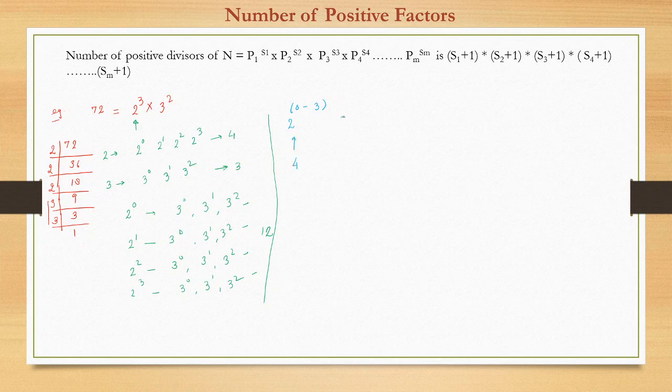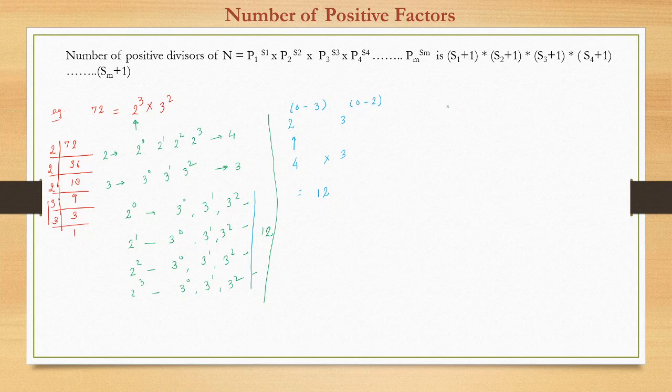And when we consider prime number 3 and its powers, it can take powers from 0 to 2, so 0, 1, 2, three options. So the total number of cases would be 4 into 3, 12. Same as what we got by individually counting all the factors. So this is the way.